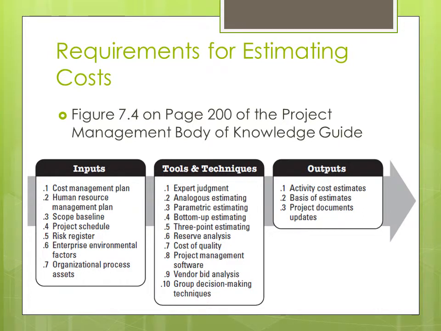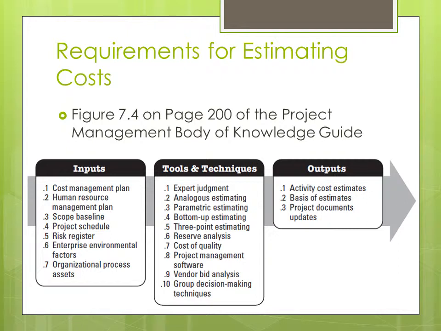So now we will have a look at the requirements for estimating costs according to the Project Management Body of Knowledge Guide, or the PMBOK Guide. As it says, we need to have the following inputs: cost management plan, human resource management plan, scope baseline, project schedule, risk register, enterprise environmental factors, and organizational process assets.